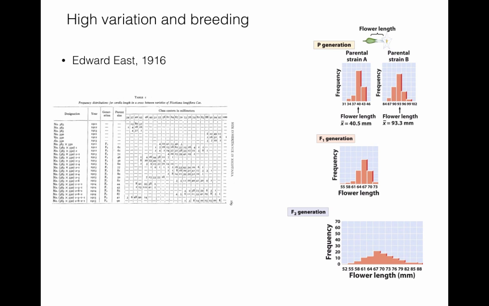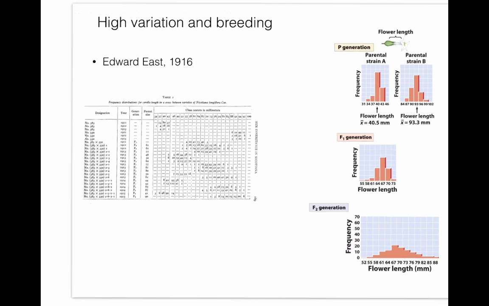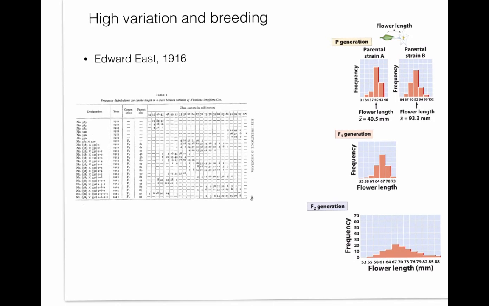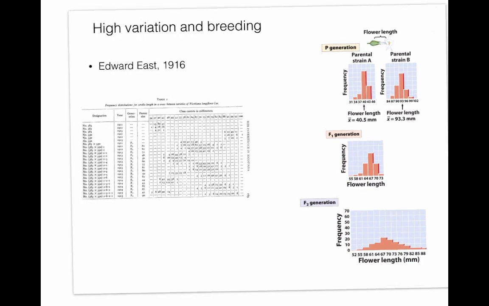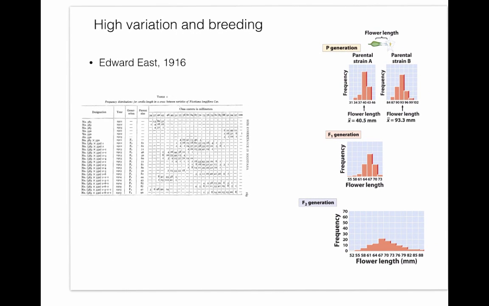How do we then factor the ability of assessing these multigenic traits and at the same time breeding them to obtain progeny that have a given genotype? Such a case was addressed by Edward East as early as 1916, when he was studying flower color length in Nicotiana.